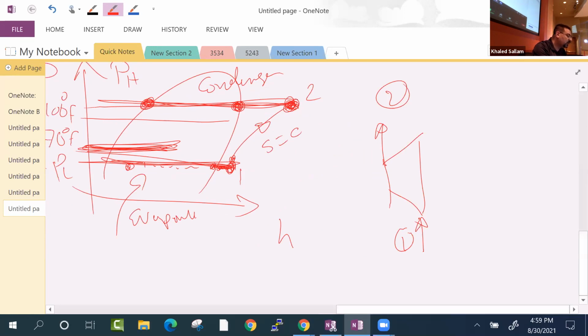And the compressor goes 1 to 2, and then all the way in the condenser becomes saturated liquid, and then you go down like this with a throttling device. So that throttling device could be just a small capillary tube or a throttling valve, something that does what? Takes you from this P3 all the way to P4.